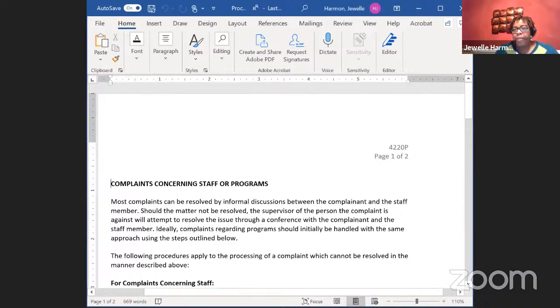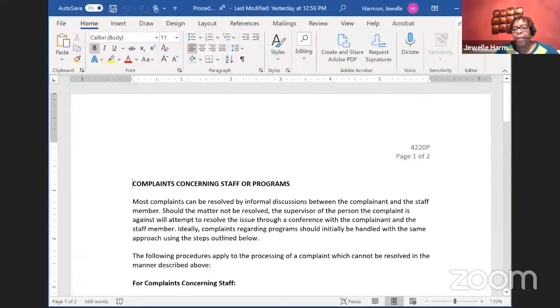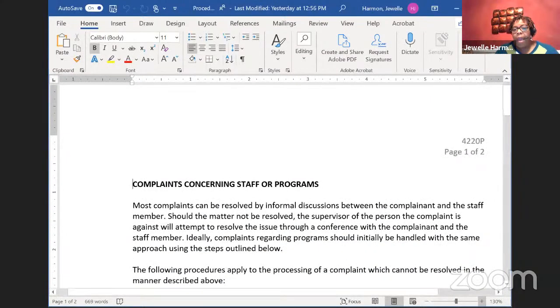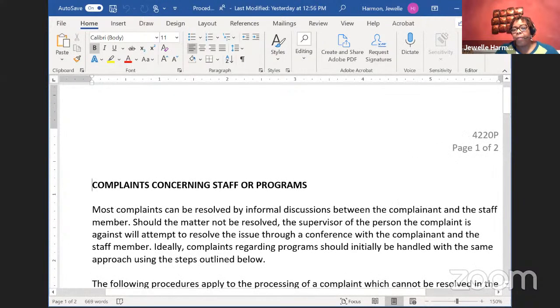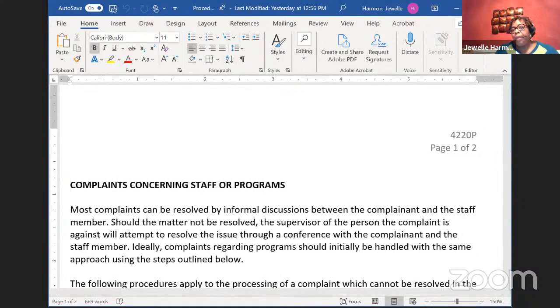And what you see is a reflection of a couple of things: the WASDA model, process from other districts, as well as input from board directors who also reviewed this. Typically, board directors are informed of procedure, and boards don't take action on procedure.